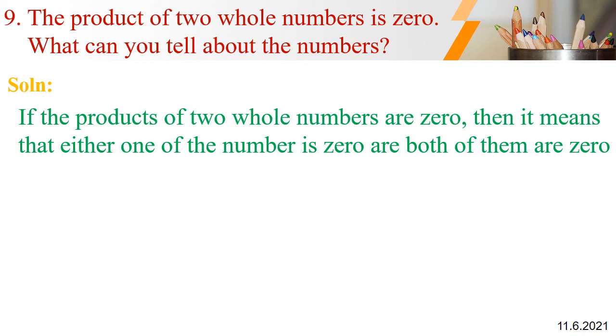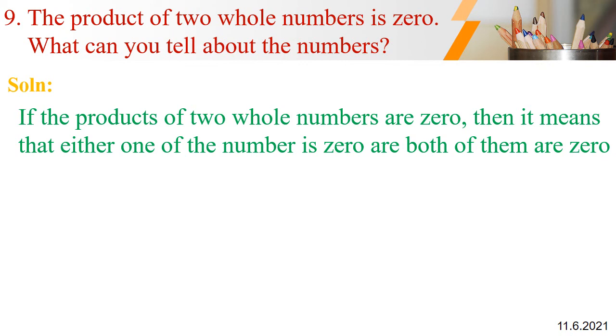So we already know any whole number multiplied by 0, or 0 multiplied by any whole number, gives 0.